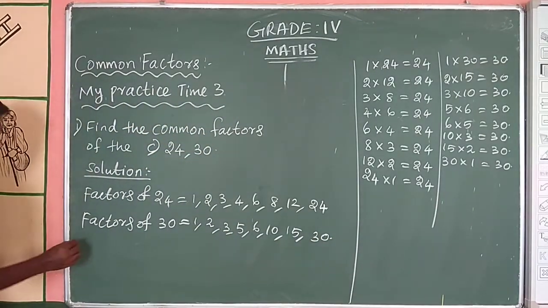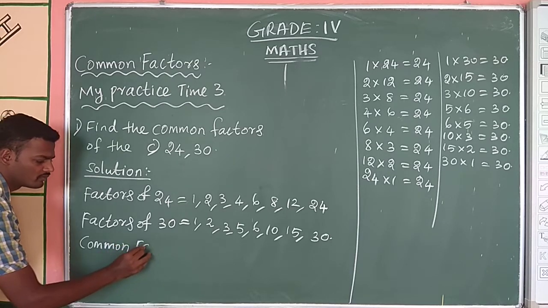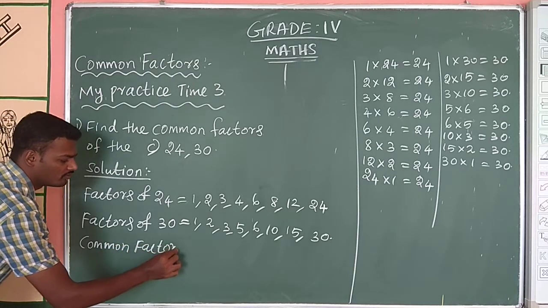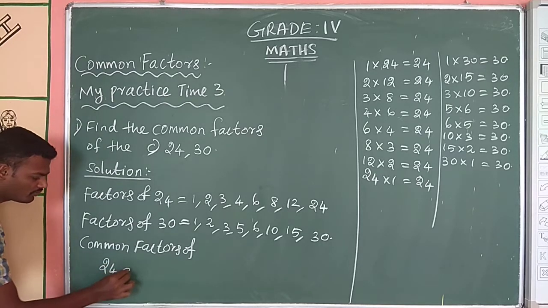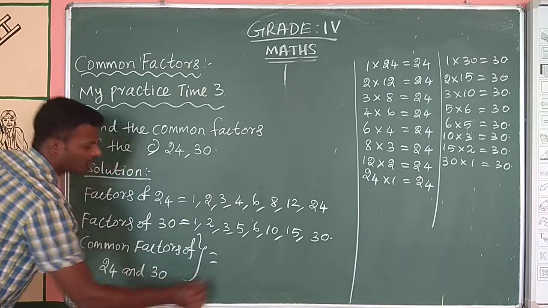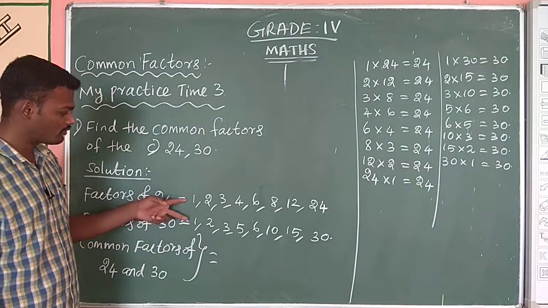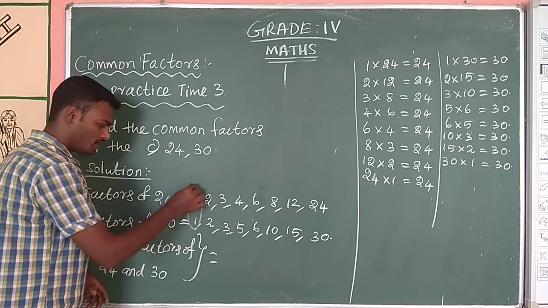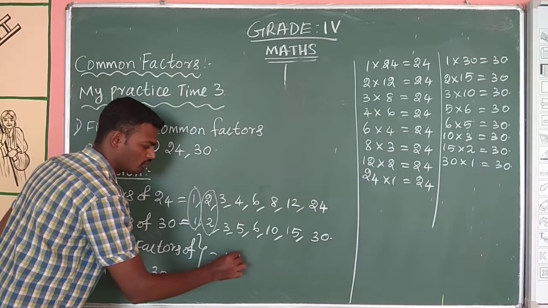Now we find the common factors of 24 and 30. Comparing the factors of 24 and 30, we have the common number 1. Next one 2.